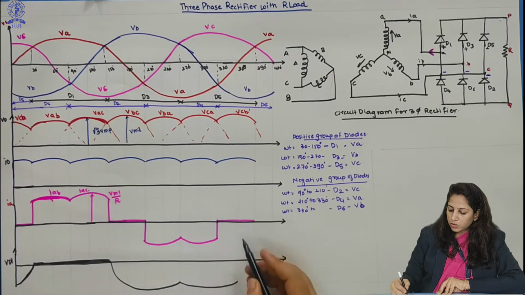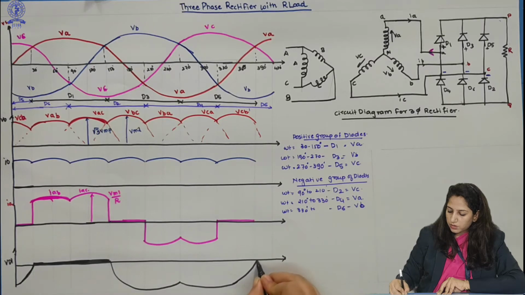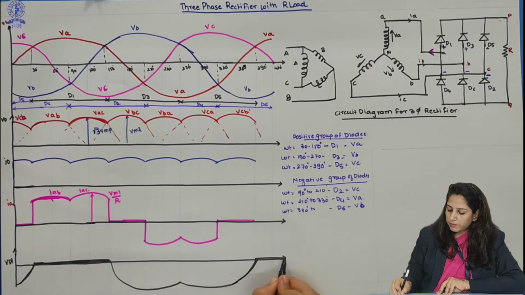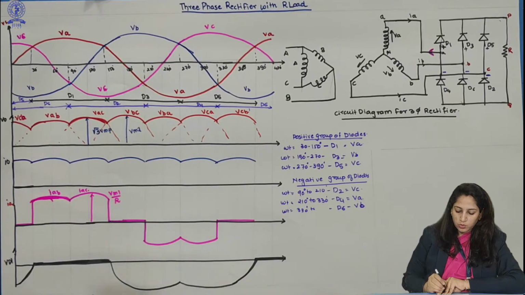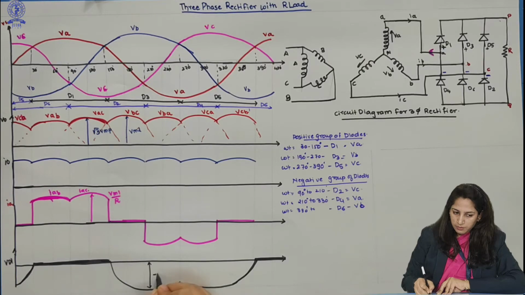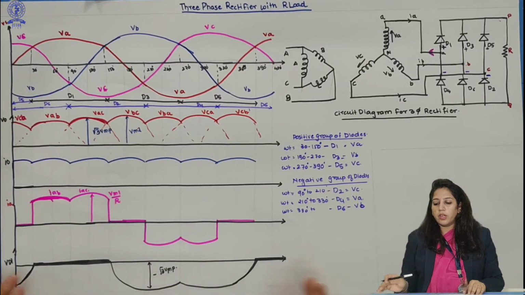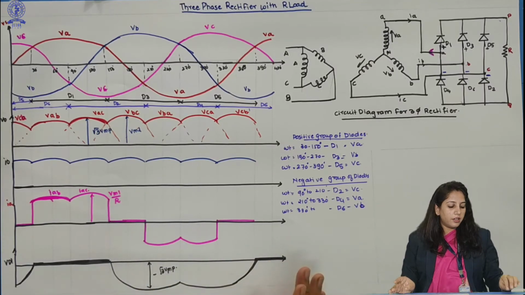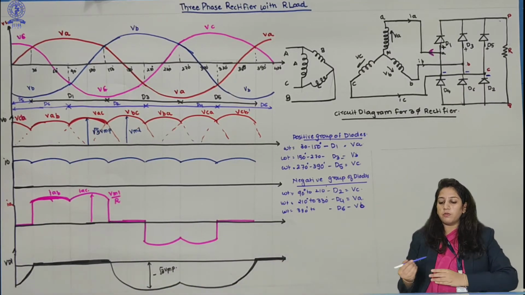Here also the current is 0. Again the voltage is negative here, and here it is 0. So this is nothing but minus root 3 Vm. In this way we have seen how the 3-phase circuit works.